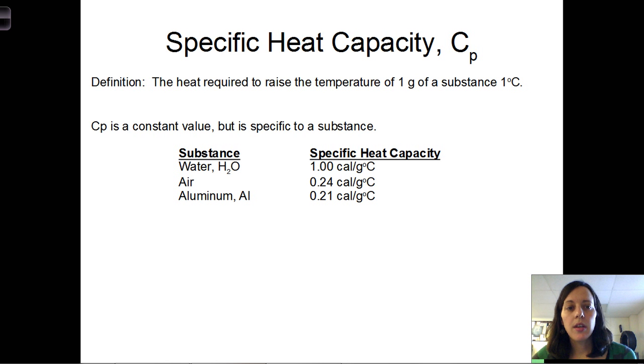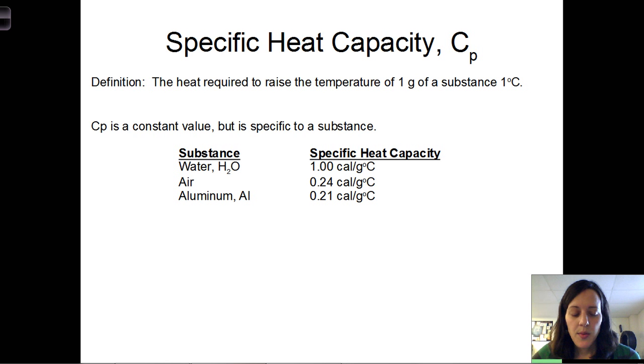But before we can go ahead and calculate just how much energy or heat is being transferred, we need to define specific heat capacity. That's the heat required to raise the temperature of 1 gram of something 1 degree Celsius. Specific heat capacity I always think is easiest to describe using a swimming pool on a hot summer day.